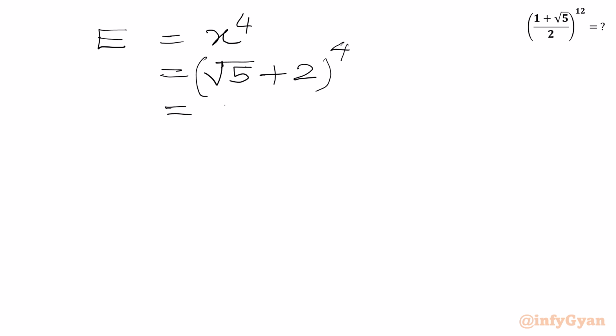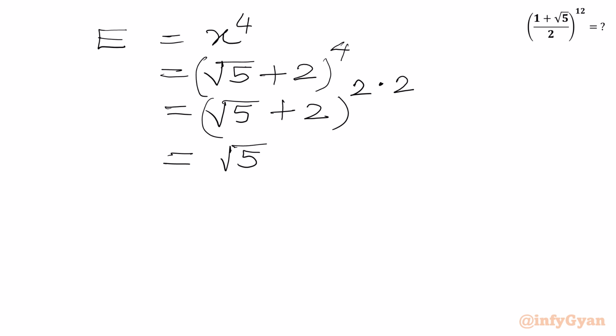Now this 4 we can write as 2 times 2. So here we will be writing 2 times 2. Again using the same property of exponents, we can write ((√5 + 2)^2)^2.